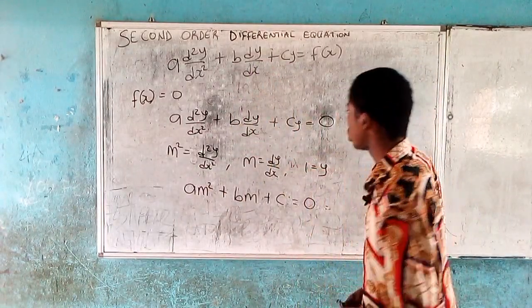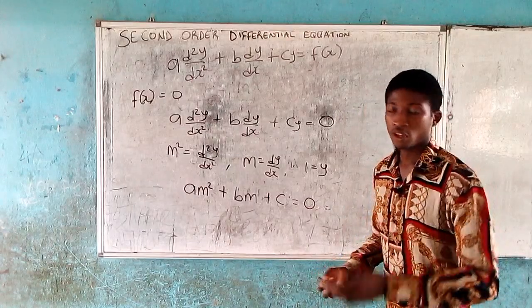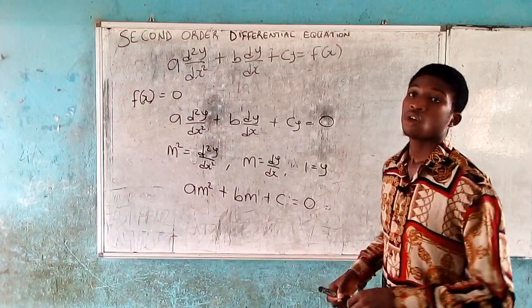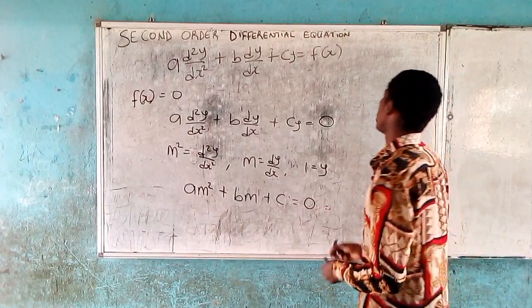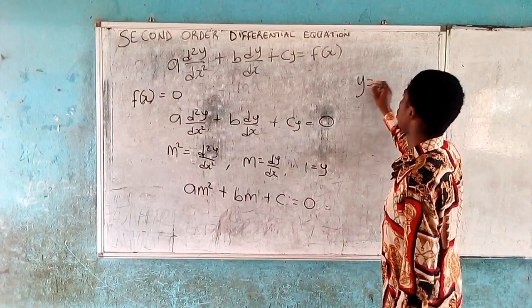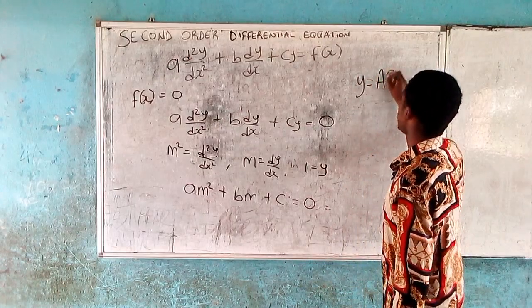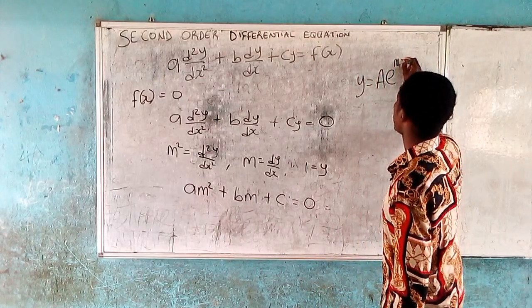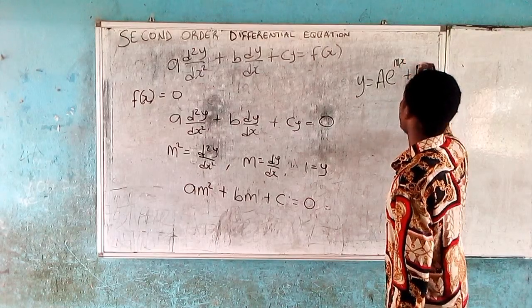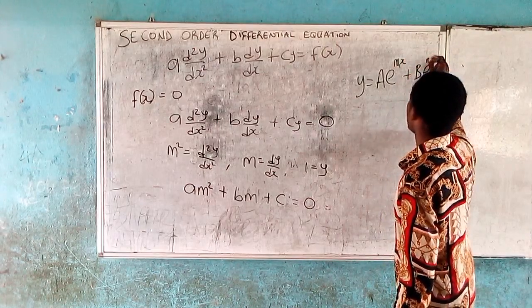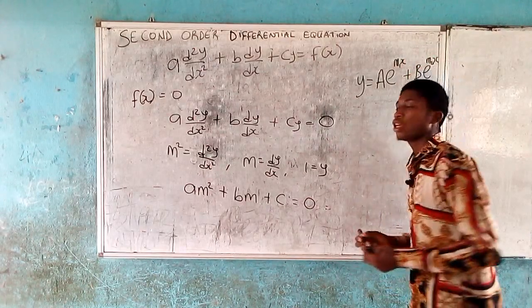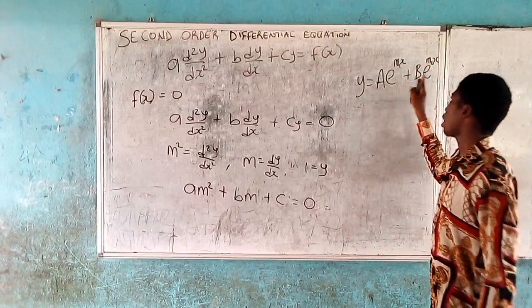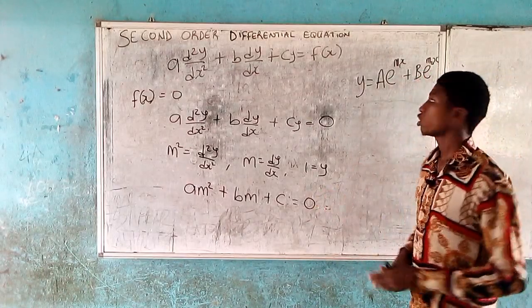And the general solution for a second order homogeneous equation is y equals a exponential m1x plus b exponential m2x, where a and b are just arbitrary constants.